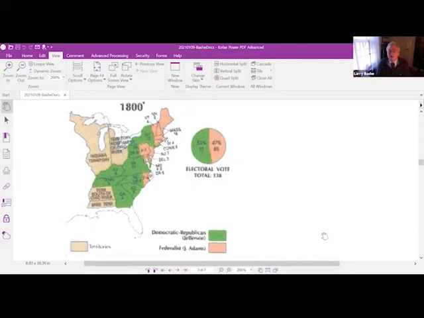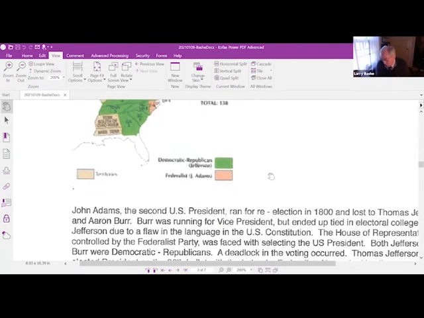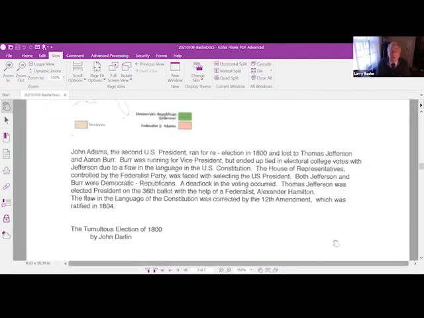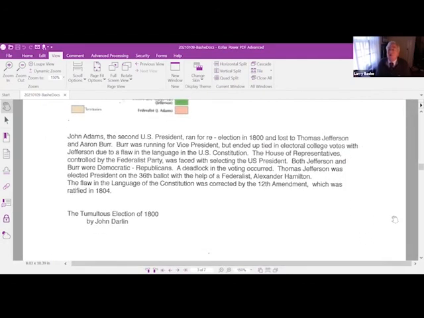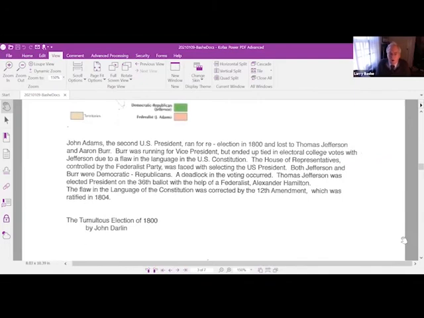And no one was getting a majority. In the narrative below the maps, I point out that Jefferson was not elected until the 36th ballot, almost running into the inauguration date in March.